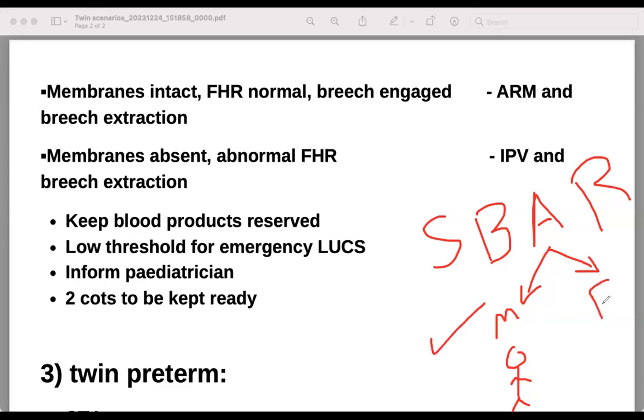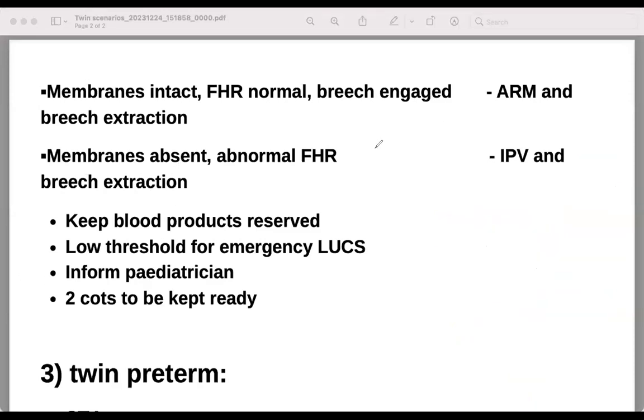In the fetus part, people always forget about the fetus if the information is not given. If the fetal heart rate is not given, you must ask about it, right? Because twin in labor means that CTG should be there. So I need to know about the CTG. Here, my friends, if the CTG is normal, there is a window of like 10 or 15 minutes until the delivery is done or completed.